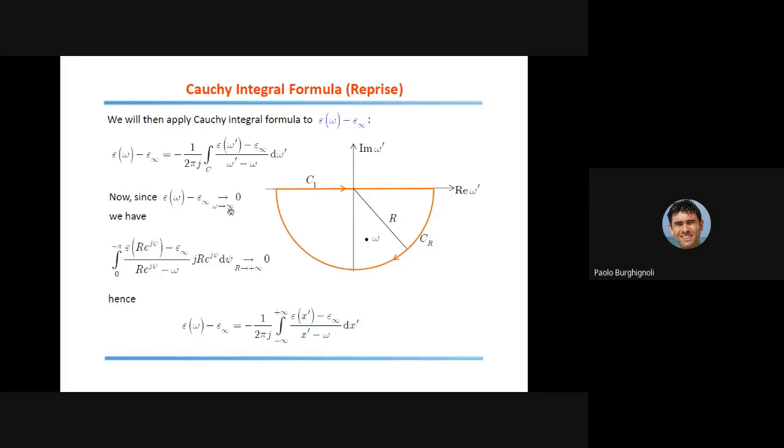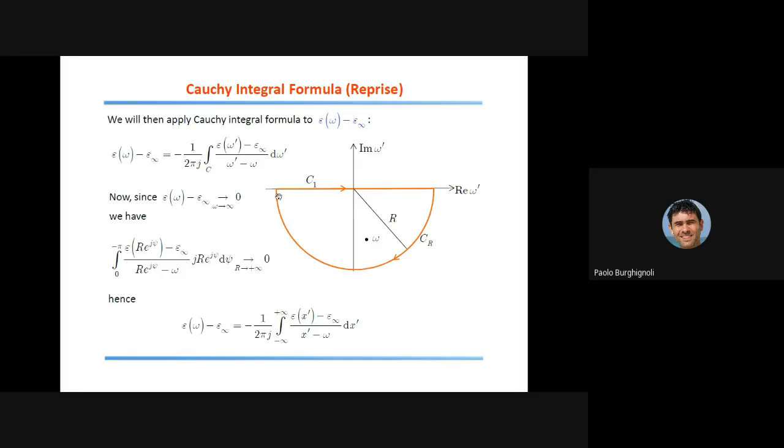So if you evaluate the contribution of the half circular part of this contour, CR, explicitly, so the integral from 0 to minus pi with respect to the angle psi of this fraction times the term that comes from the differential, and you consider the limit when r tends to infinity, then since the numerator of this fraction now tends to 0, you can conclude that the contribution of the half circle is negligible when its radius tends to infinity.